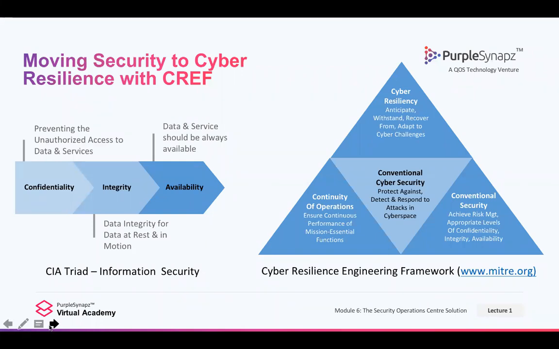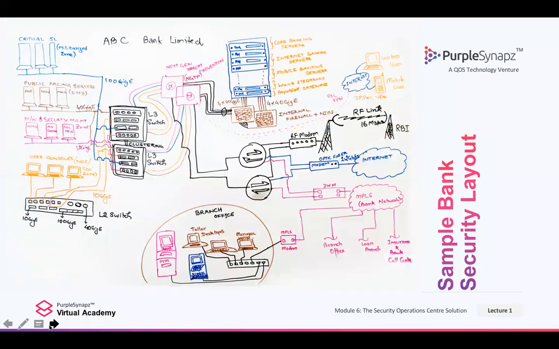Moving from here, this is the diagram we have been referring to in our sessions. We saw that in the previous session also. Now let me again explain a bit of this diagram. This handmade diagram represents a current-day bank.